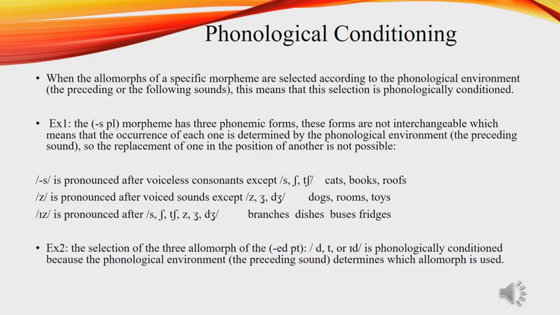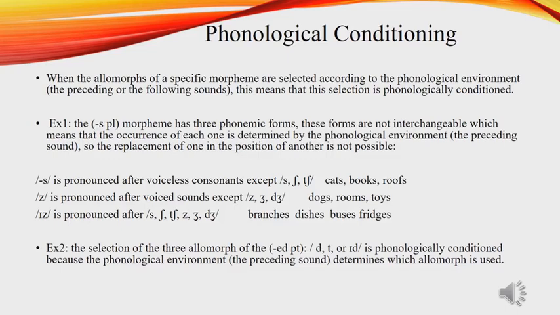If the noun ends in a voiced sound, except /z/, /ʒ/, and /dʒ/. If nouns end in voiced sounds, whether vowels or consonants, except these three voiced consonants, then we have to choose the /z/ allomorph. So, dogs, rooms, toys.